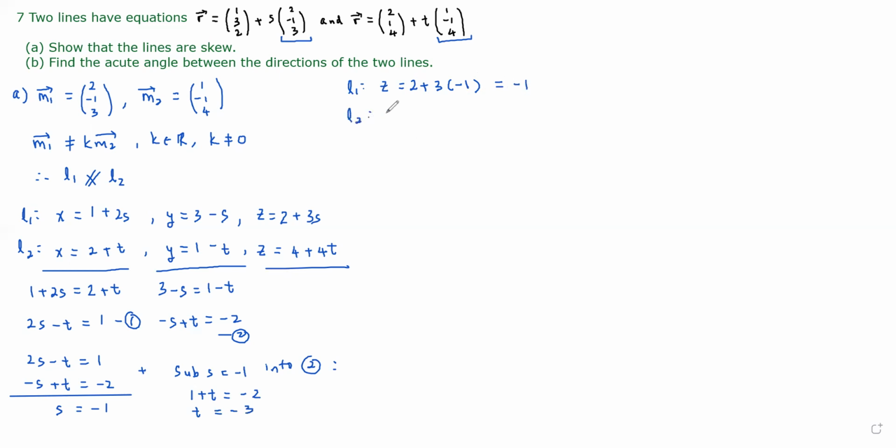For line 2, the z coordinate is 4 plus 4t. t is negative 3, so that is negative 8. These two are clearly different. So line 1 and line 2 do not intersect. Since these two lines are non-parallel and non-intersecting, we say that line 1 and line 2 are skew lines.